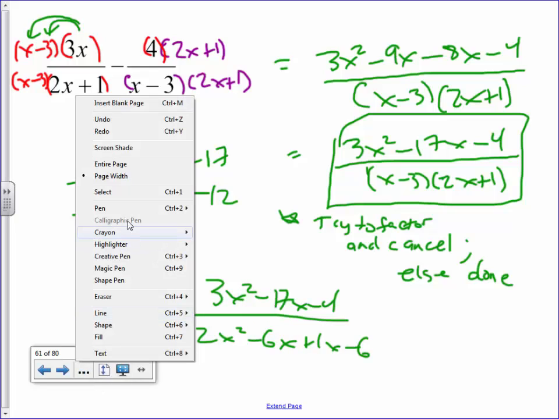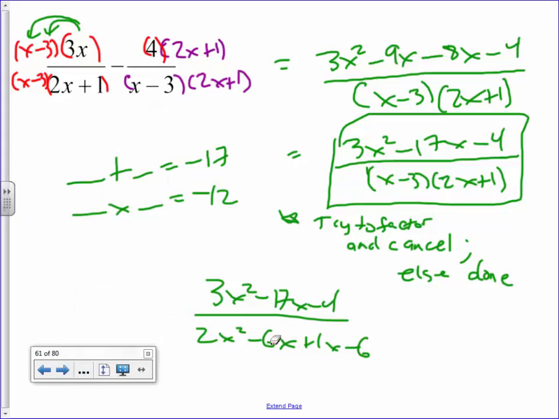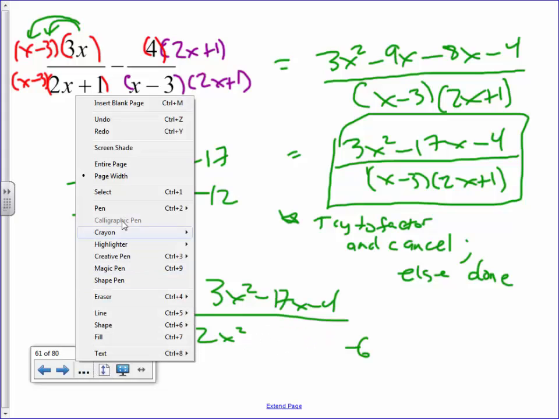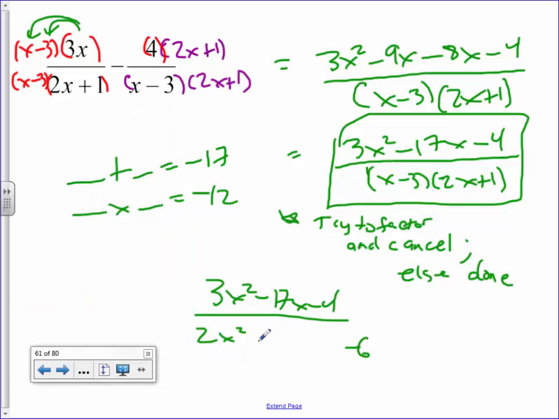If I combine those middle terms, I might make that a minus 5x in the middle. So they might write it like that. But in my opinion, I'm content with you leaving it like this. I don't see any purpose in foiling the bottom, because if you foil the bottom, you won't be able to cancel anyways. Does that make sense?